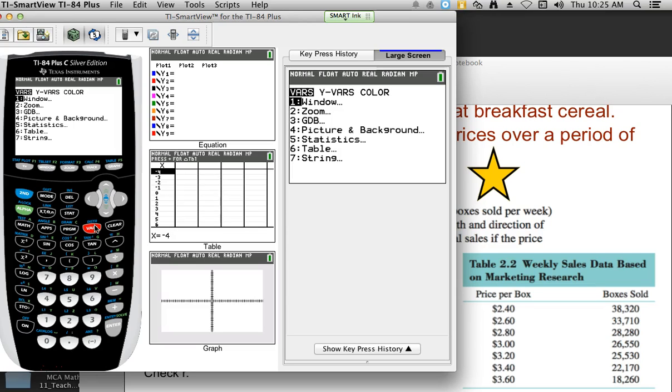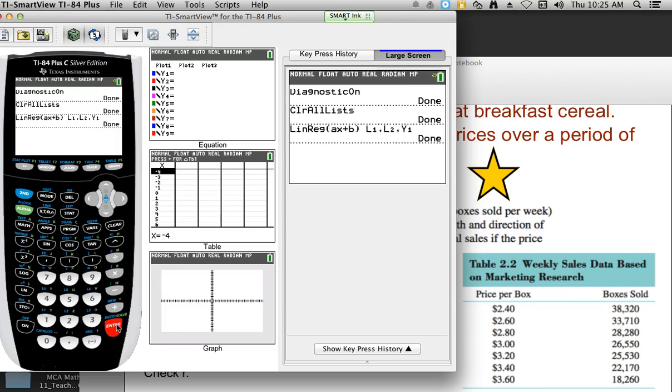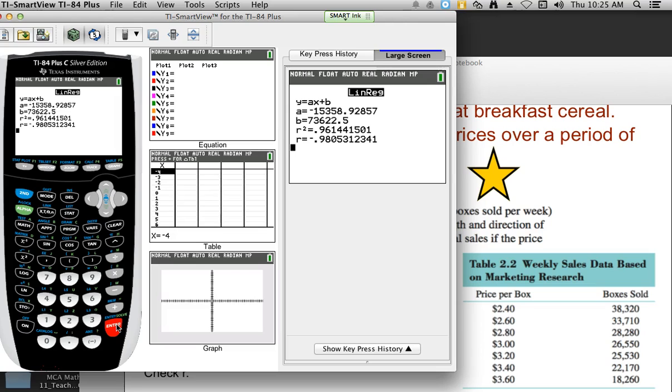And we want y variables up here. For functions, number 1. And then we'll just put it in number 1, y sub 1. And down to calculate and enter for this calculator. Those of you that don't have that screen, just hit enter at the end. And there it is.